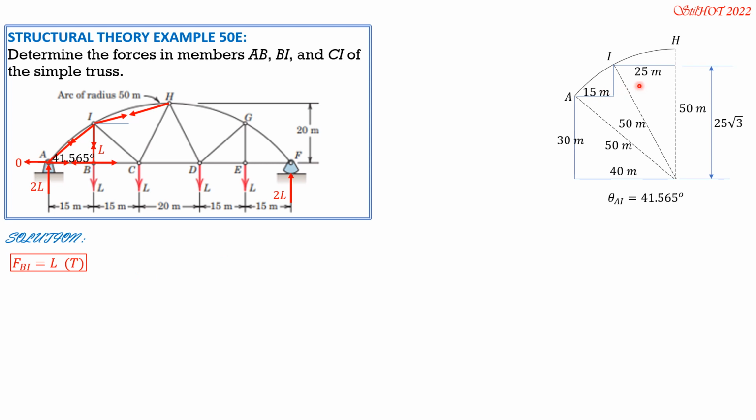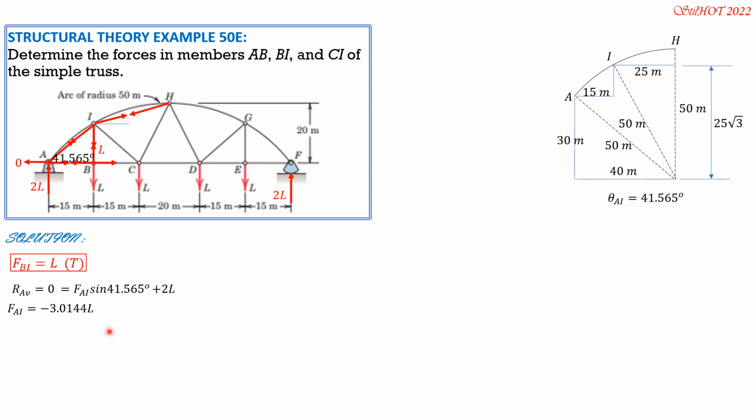41.565 degrees. Later, for the angle of IH, the vertical distance is 50 minus 25 square root of 3, divided by 25. So RA vertical equals 0 to solve for the force in AI. So FAI sine 41.565 plus 2L equals 0. So you'll get FAI equals negative 2L over sine 41.565, which is negative 3.0144L.